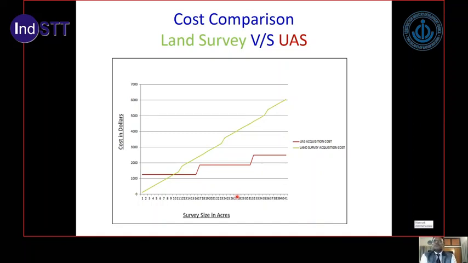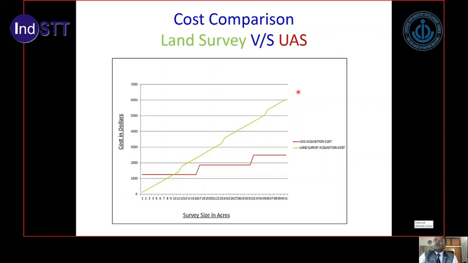Now, this is a study which says that if we do land surveying with our drone system, how much is the difference? What is the cost comparison? So this is the cost comparison. On the y-axis you can see the cost in US dollars and the size in acres. As the area is increasing, you can see the green line, which is the land-based survey, the cost is increasing.